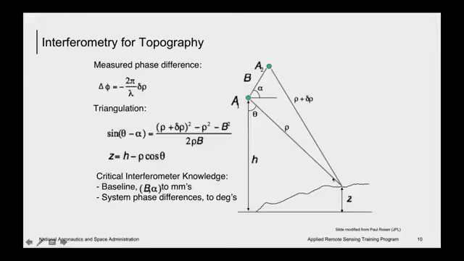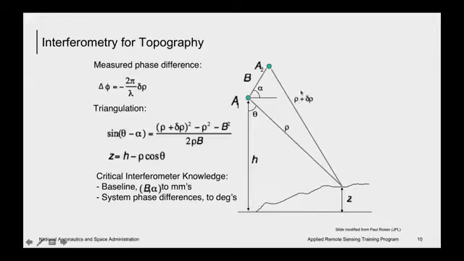As I was mentioning earlier, the phase is the measurement of the range, or rho here. We have the phase at antenna 1 and the phase at antenna 2, which has a different phase due to the difference in angle of the triangles.